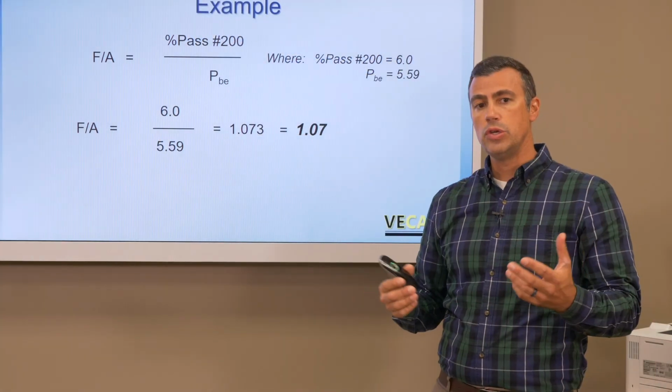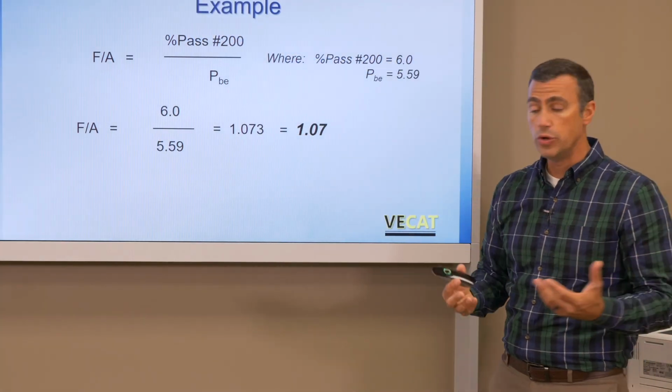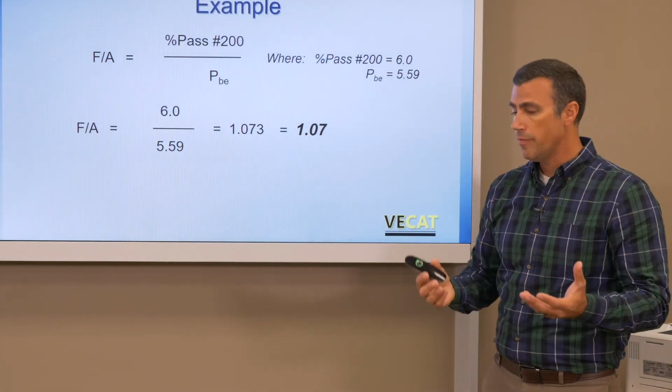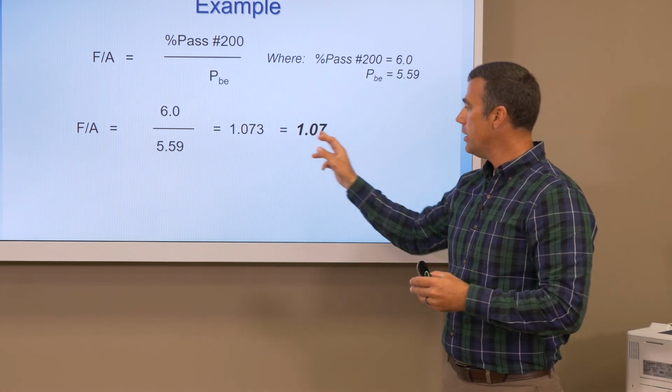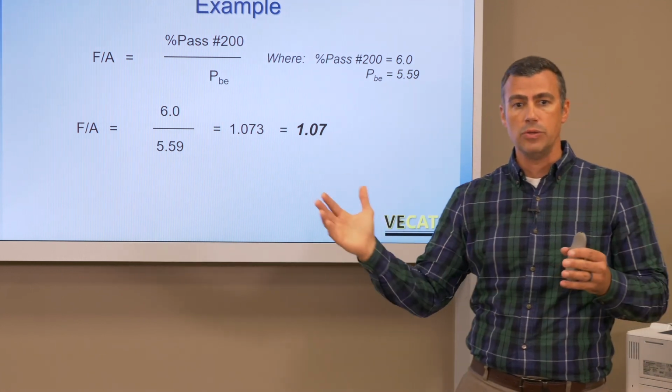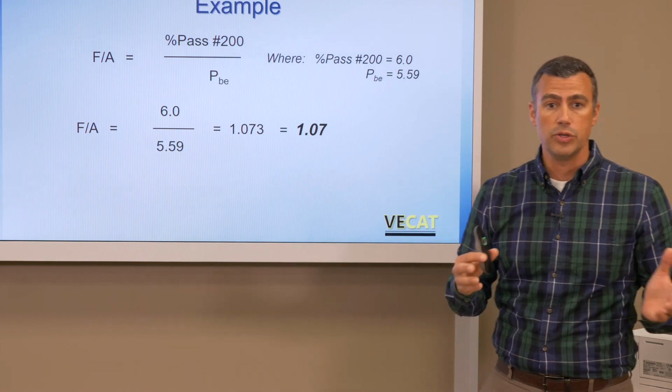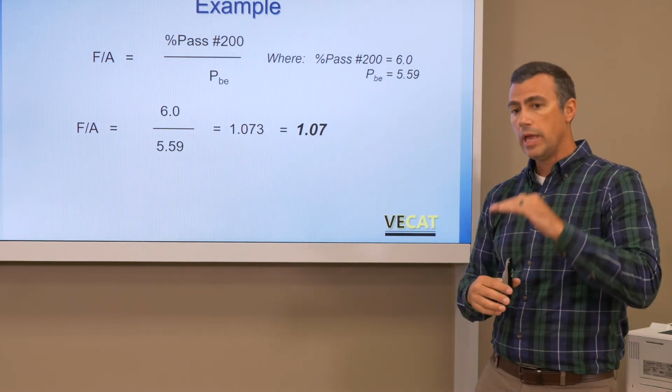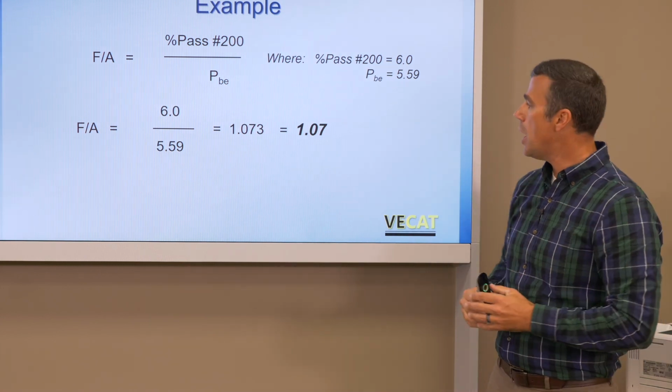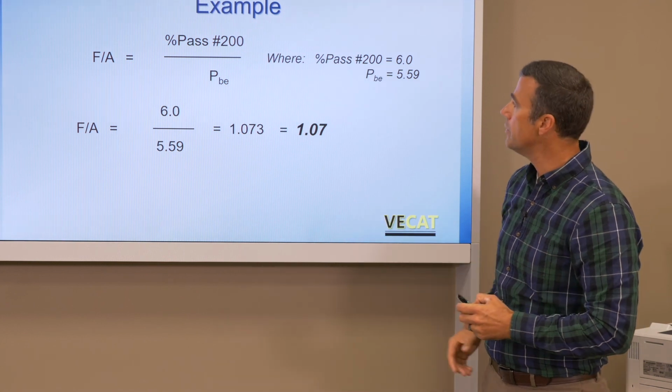Again, this is a ratio that gives us an idea of mixed durability, premature failures. There's typically, in specification, there's going to be a range that your fines to asphalt ratio has to fall inside of. It can't be too low, can't be too high. Okay, so a 1.07.